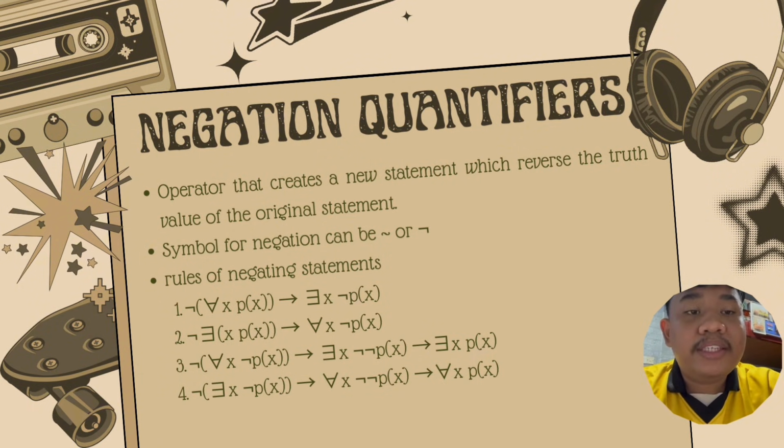Next, the negation of there exists x, P(x), is for all x, negation P(x). Next, the negation of for all x, negation P(x), is there exists x, P(x). And like the last one, the negation of there exists x, negation P(x), is for all x, P(x).